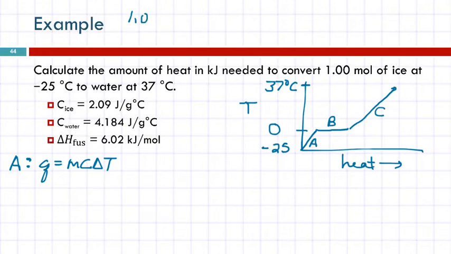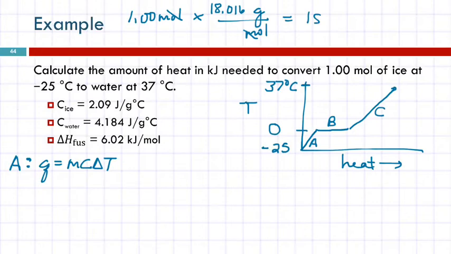So we need to calculate the mass. 1 mole of water, grams per mole. So the moles cancel out. This is the molar mass of water. You can maybe see how I have that memorized, right? I keep using it over and over again. Well, we don't really need a calculator for that, do we? 18.016 grams of water.